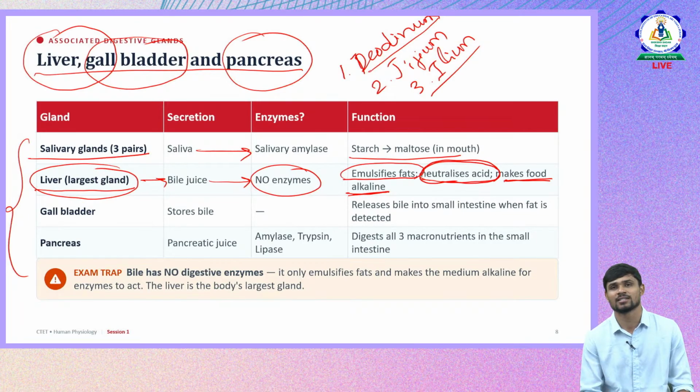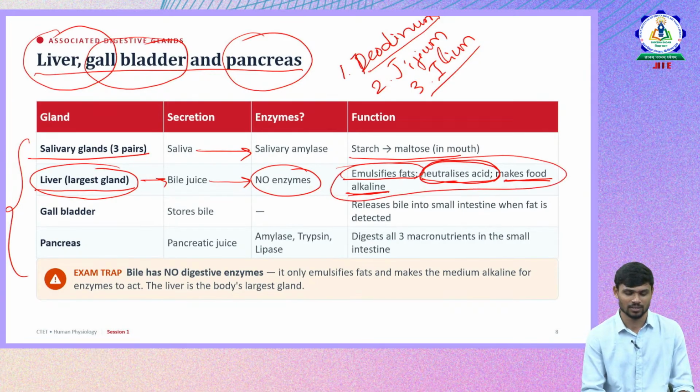That is done with the help of the bile juice. I hope you understood that. Please have clarity on that. So bile juice is not an enzyme. It is just a secretion which serves three purposes: emulsifying fats, making food alkaline, and neutralizing acid. These facts are very important.